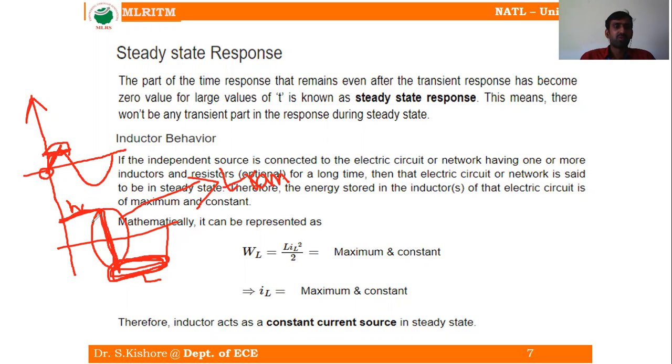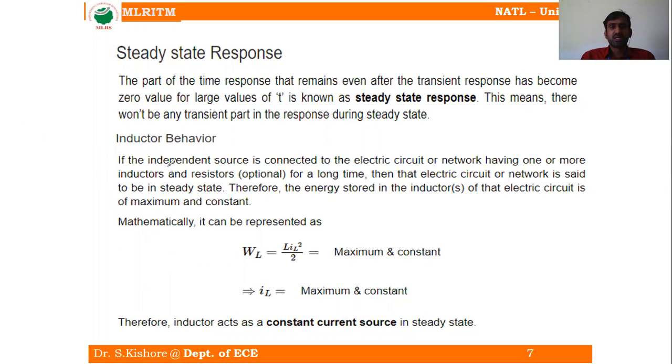So that is the reason why this transience is going to happen. This particular time, or these particular states, is nothing but the transient behavior of your circuit. So how is the circuit going to behave, and how are these energy storage elements going to behave in the steady state?